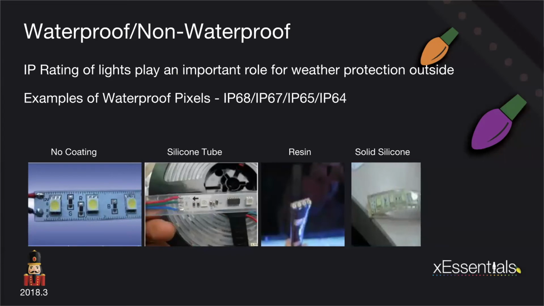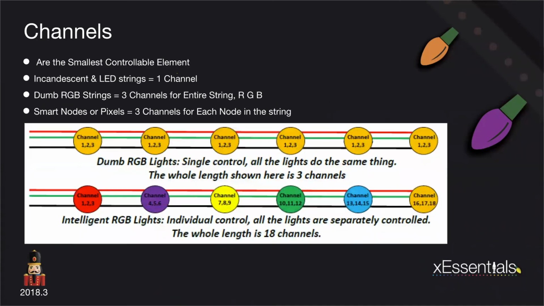It's a great guide. If it actually says it's waterproof or IP68 rated, that is typically a good guide. Your most common are the IP68, 67, 65, and 64 style. And this is the same in regards to your nodes as well, but you can see it a whole lot better in regards to the strips whenever you're purchasing that.